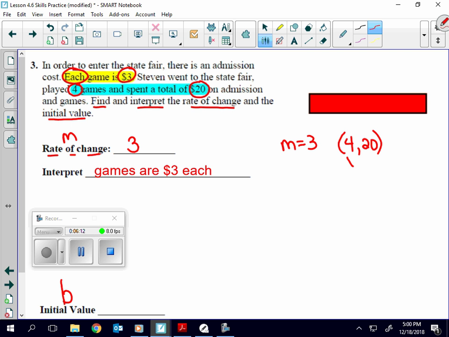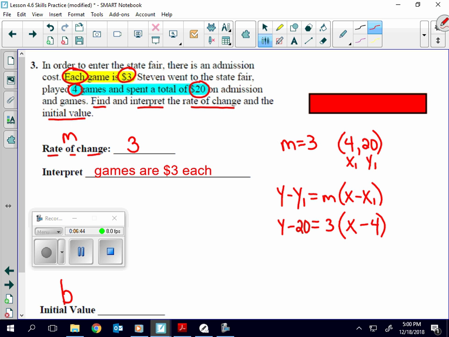So that is our x1 and y1. So if we go ahead and use point slope form, we can figure out slope intercept form. We're going to plug in those values. y minus y1 is 20 equals m, which is 3 times x minus 4 for x1.